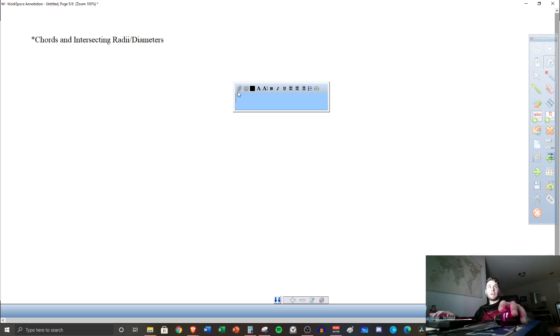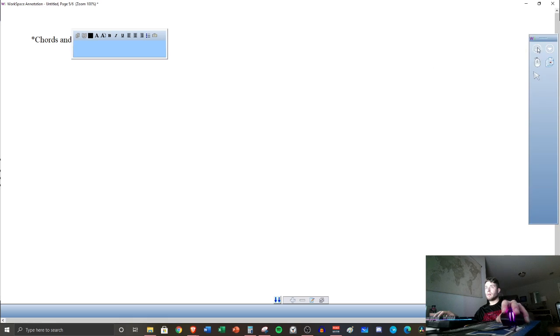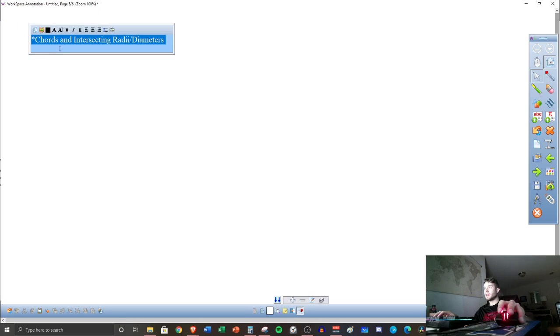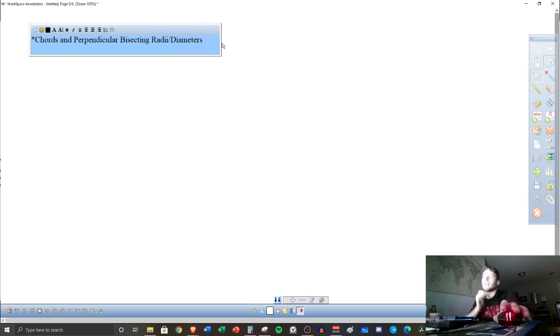All right, let's write that in our notes. And we actually want to add to this description here. Let's actually change intersecting to perpendicular bisecting radii diameters. Okay, that's what we want.